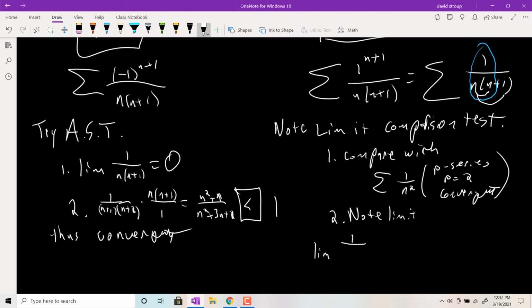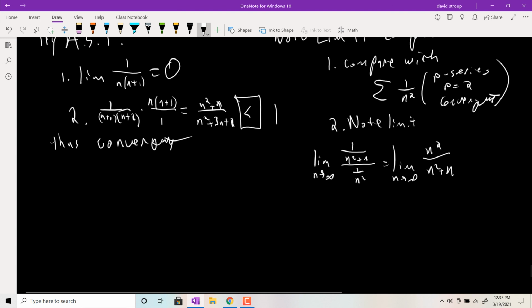So it'd be n squared plus n all over 1 over n squared as n goes to infinity. That will be the limit as n goes to infinity of n squared all over n squared plus n.